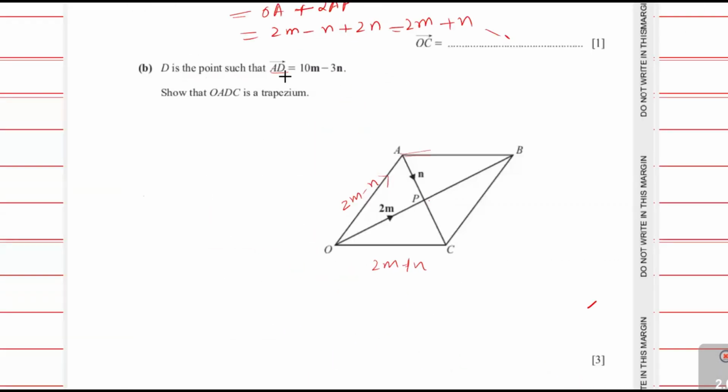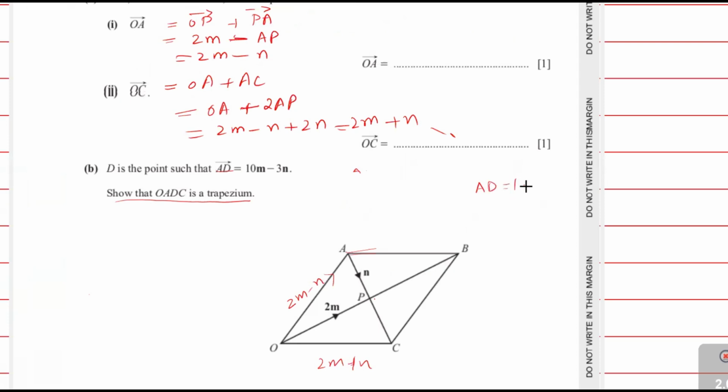Part B deals with a point D such that AD equals 10m minus 3n, and show that ADC is a trapezium. Look here, AD is 10m minus 3n, and OC is 2m plus n. AD is not parallel to OC because we cannot write AD in terms of OC. Therefore, we have to prove this is a trapezium.